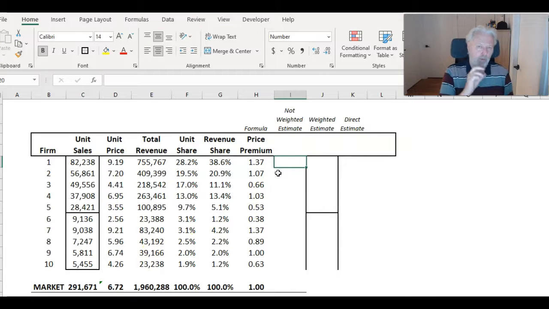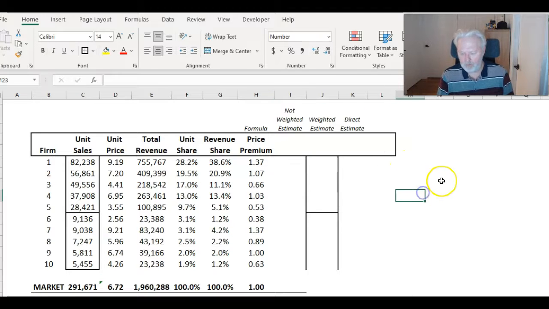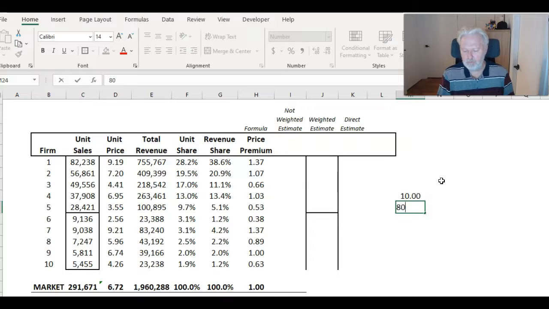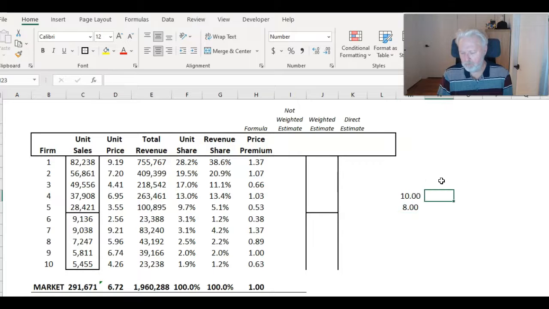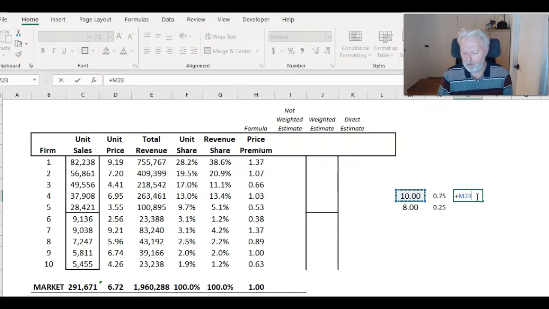So what we would do is work out, okay, what is the normal price? I'll just do that over here. So say it's $10. And what is the discount price? That might be $8. Okay, how often are they on discount? So we might say 75% of the time they sell at normal price, and 25% of the time they sell at the discount.